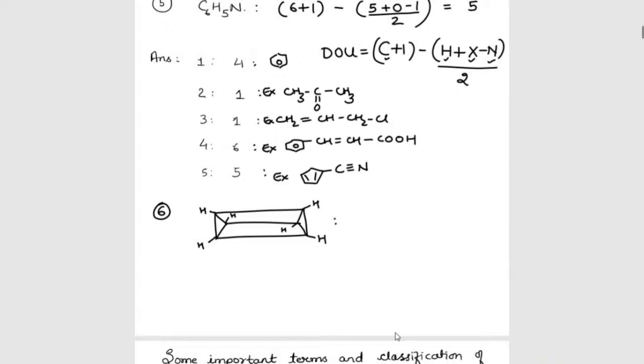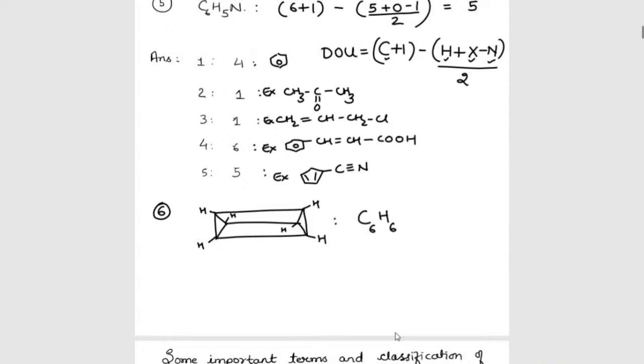Correct? Then you write the formula like our regular pattern. So it is coming C6H6. Okay, there are 6 carbons and 6 hydrogens.